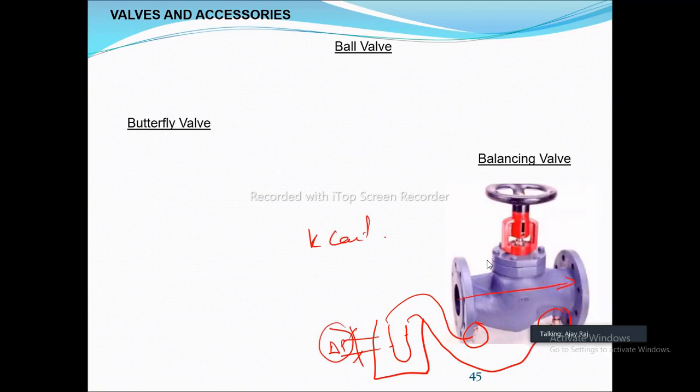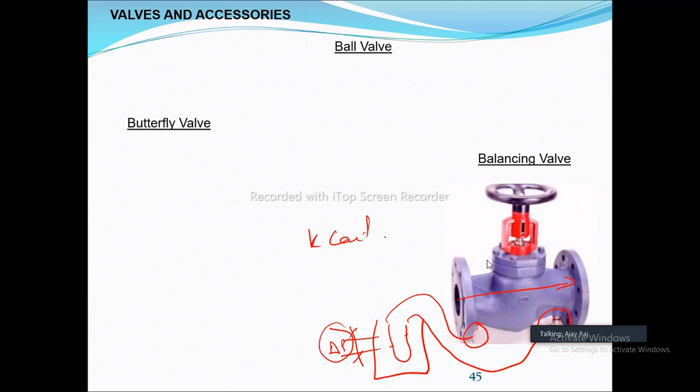So what does a balancing valve do? It balances the system. It controls any equipment. Say you have a 100 TR chiller. The flow across a 100 TR chiller is how much? At the rate of 3 GPM per TR, it should be 300 GPM. Yes or no? Yes, sir.